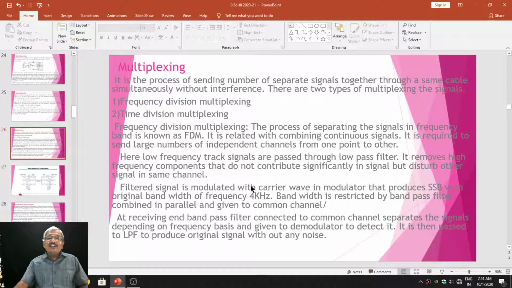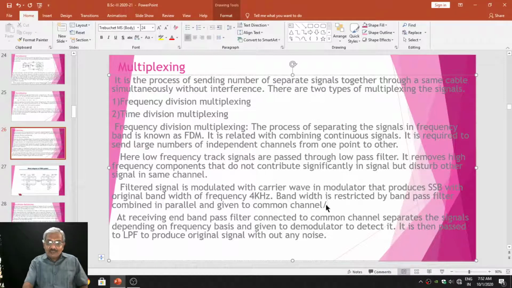The filtered signal is modulated in the modulator with the carrier wave provided to the modulator, which produces the single sideband with the original bandwidth of frequency 4 kHz. The bandwidth is restricted by the bandpass filter, combined in parallel and given to the common channel.